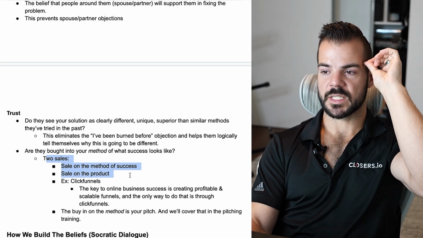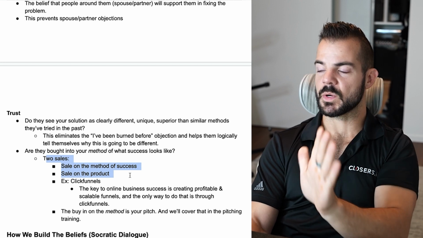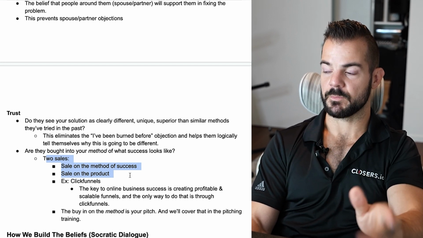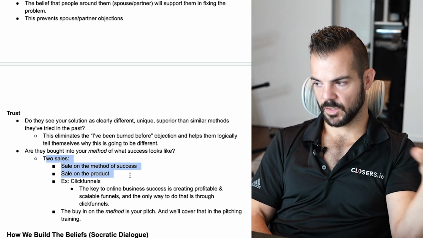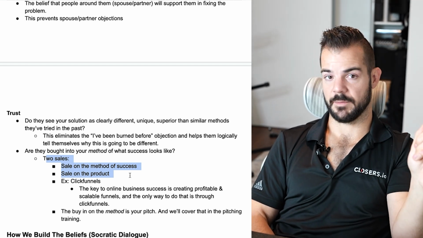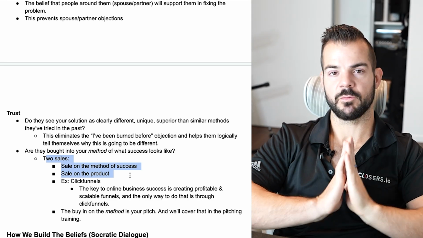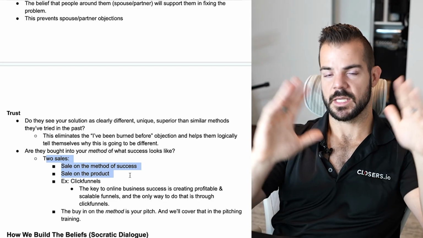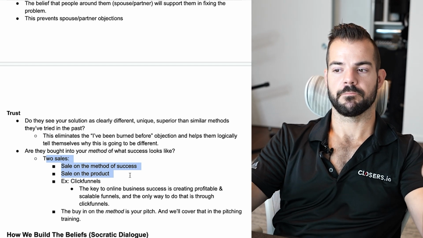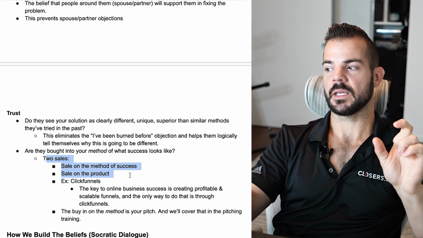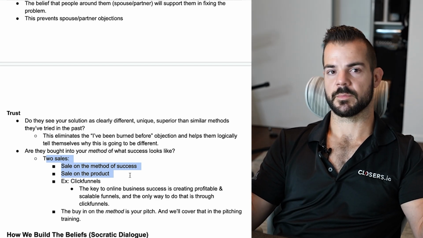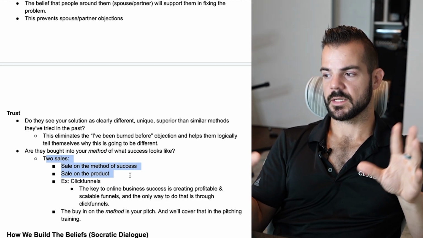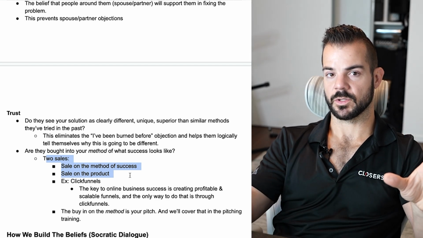So we want to do the same thing on a sales call, is we want to figure out what our specific method is, because what's great too is selling them on the method is not salesy at all. You can hard sell somebody on a method. It's not salesy. It comes off like education, belief-breaking education, okay? But if they believe that that's true, they're going to buy your product as a byproduct, right? Another example, I sell sales certification for high-ticket closing, right?